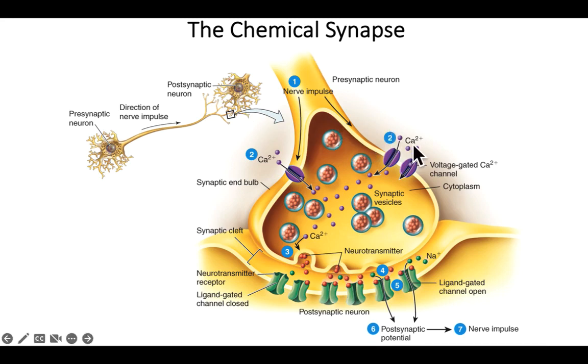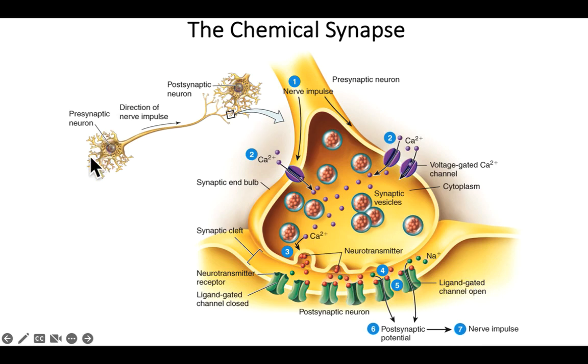So again, this is reminding us about the importance of the voltage-gated calcium channels. The synaptic vesicles have to release neurotransmitter, and then the receptors here on what we would call a postsynaptic cell, or in this case the postsynaptic neuron, would be ligand-gated channels that open in response to the neurotransmitter, and then that might trigger an action potential or nerve impulse in this postsynaptic neuron.